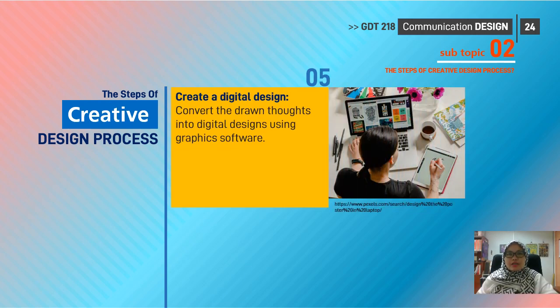Fifth, create digital design. Convert the drawn thoughts into digital design using graphic software. To create a thorough and aesthetically pleasing design, experiment with font, color scheme, photography, and other visual components.